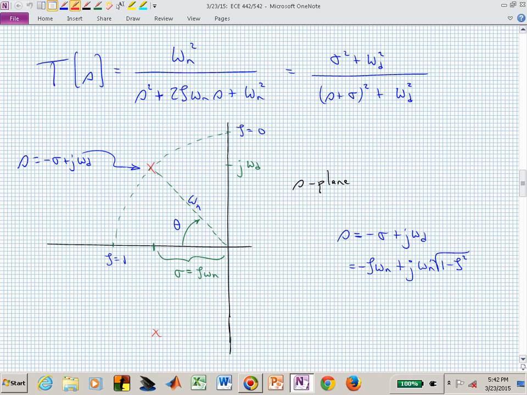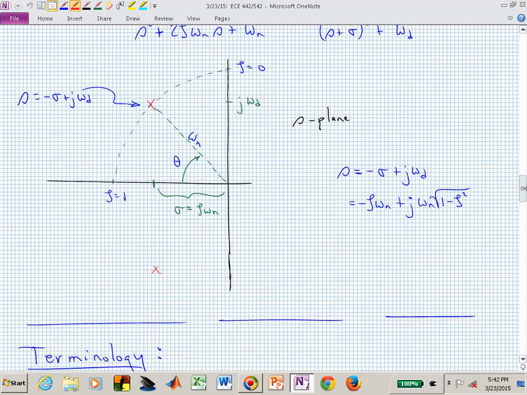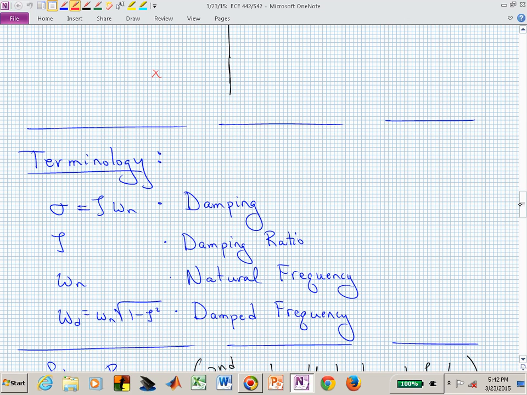We are concerned with that theta for, let's say, a fixed omega sub n. And omega sub n sort of determines our speed of response. Actually, the peak time is, well, I'm getting ahead of myself. There's our terminology. Sigma is zeta omega sub n.